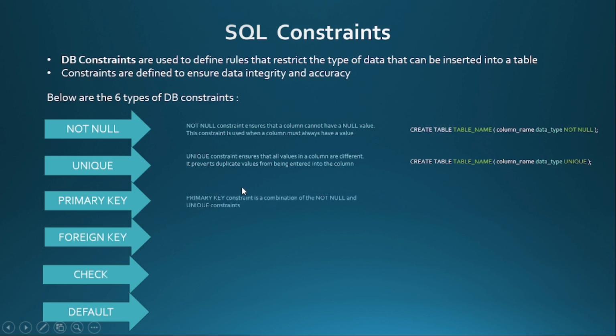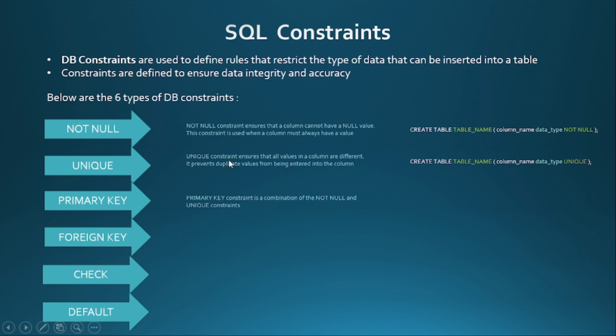So the third constraint is a primary key constraint. It is a combination of not null and unique constraints. What is the difference between these three? Not null will accept duplicate values.